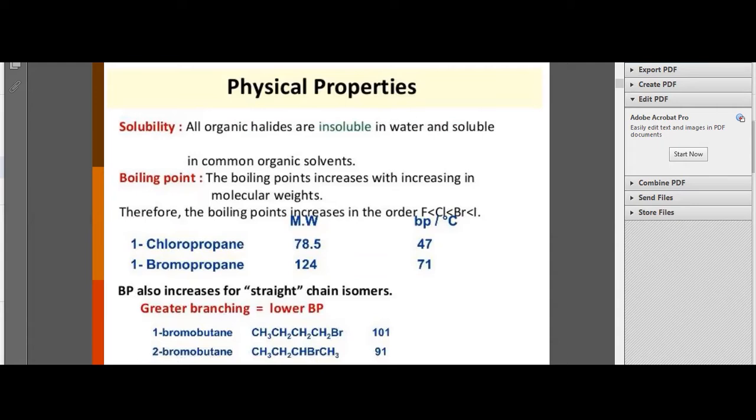So the more branched, the lower the boiling point. So these are the physical properties of halogenoalkane. Insoluble in water, and the boiling point increases as the molar mass increases, and also decreases if the branching increases.